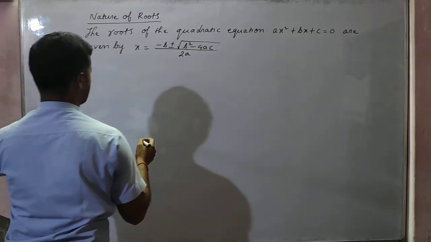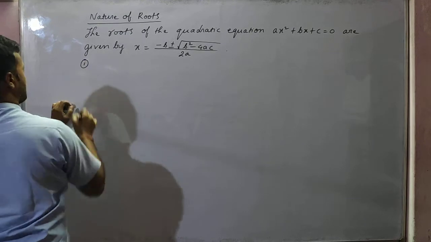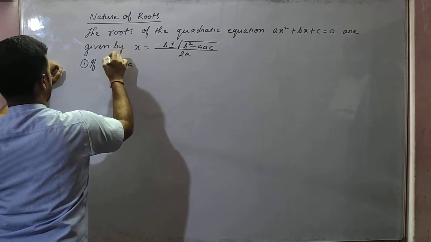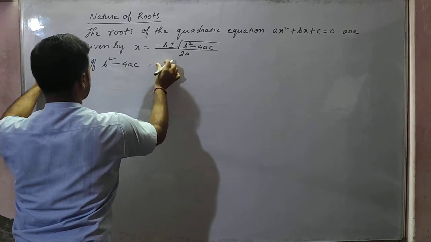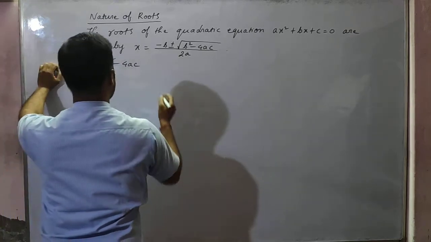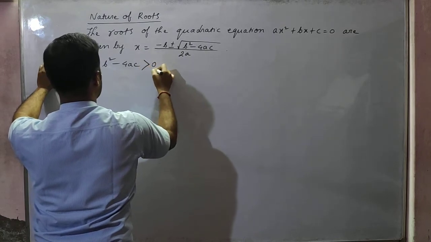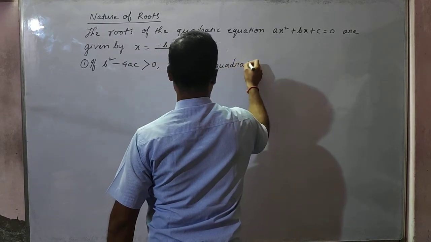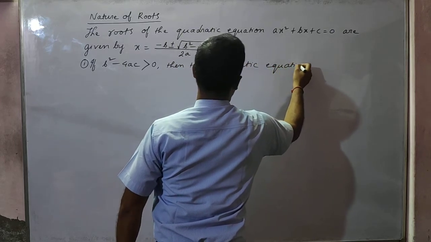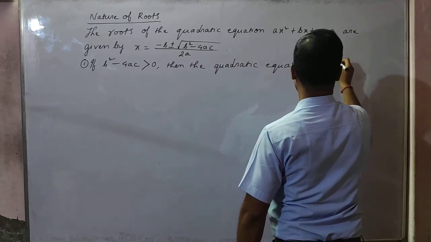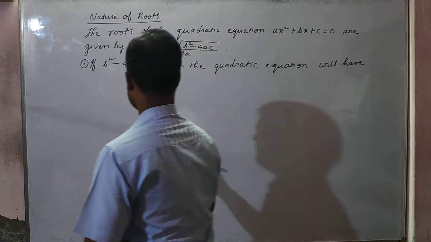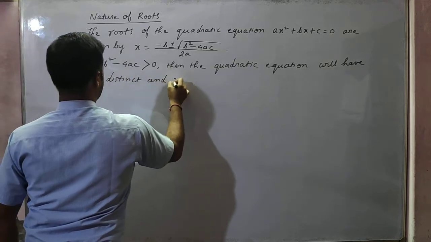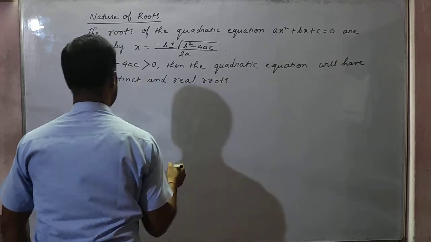So number one, if b square minus 4ac is greater than 0, then the quadratic equation will have two distinct and real roots.